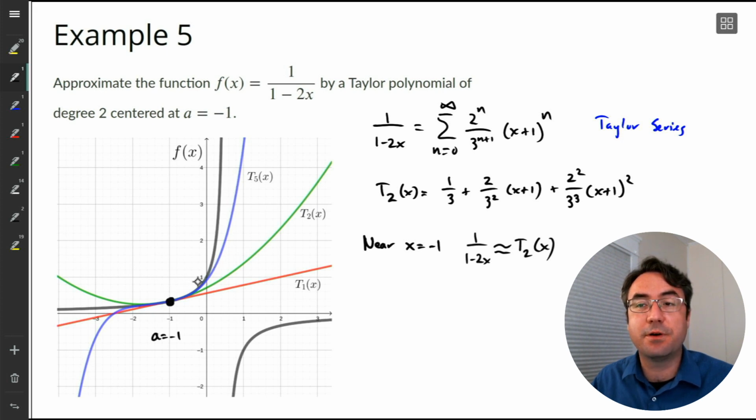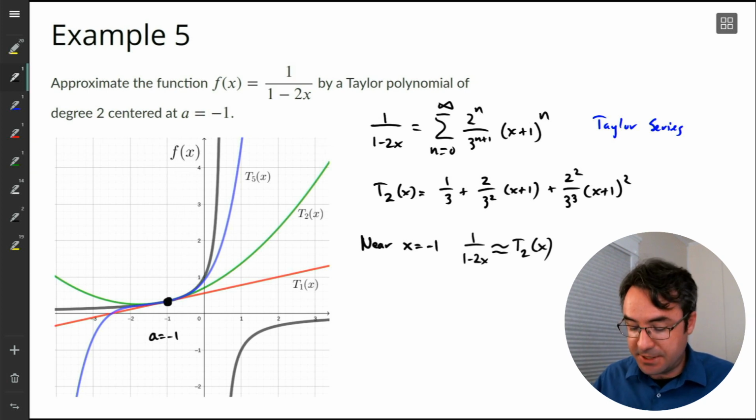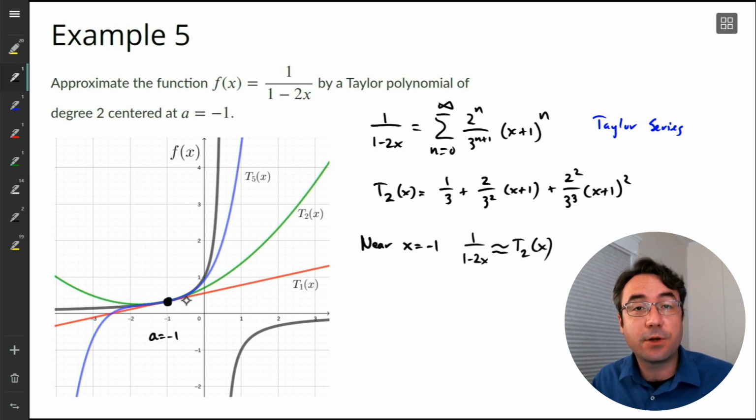It captures more of the behavior here. As you look at higher degree Taylor polynomials, you're going to capture more and more of the behavior for that function f of x. You can see here for each of these, right around a equals -1, they look pretty similar to the original function, so they're approximating it.